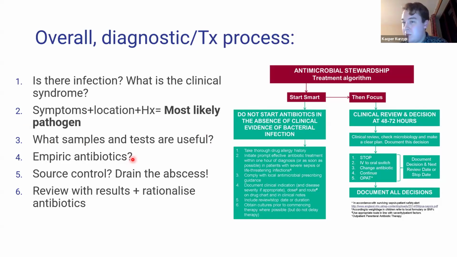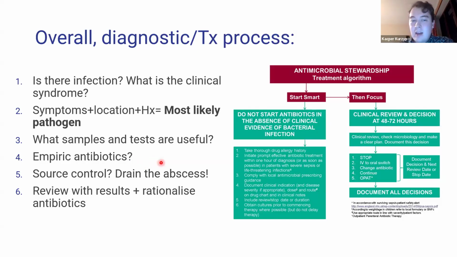You will know that for community acquired pneumonia, you will go with amoxicillin. For your GI tract infections, or abdominal infections, you will go with Co-amoxiclav or ceftriaxone and metronidazole. But you need to know what you are looking for and what your likely pathogen is. We will cover a little bit of that in a second.